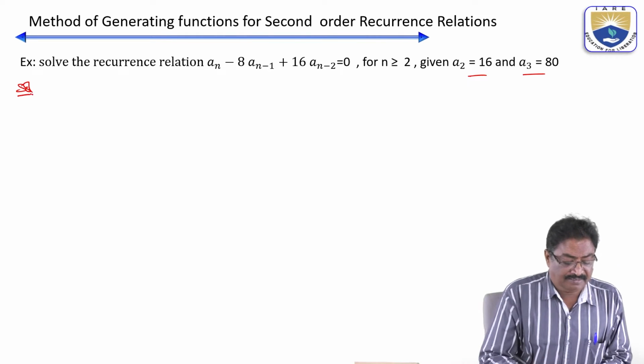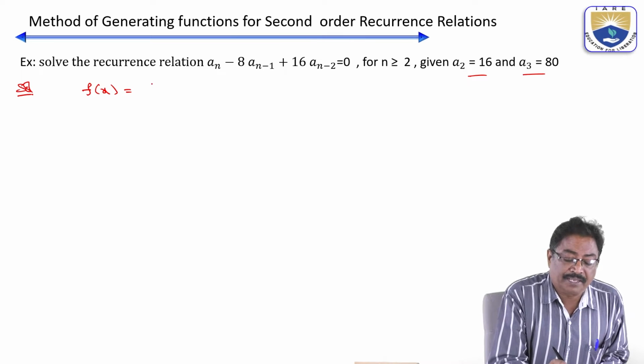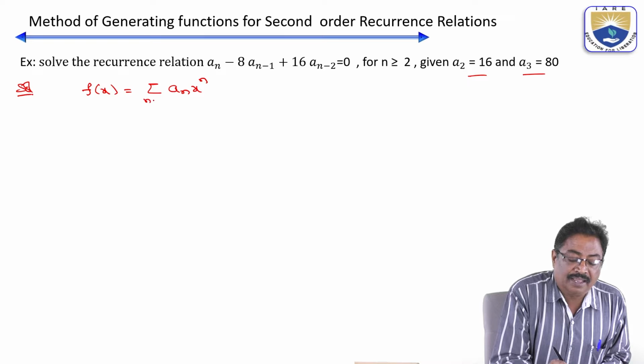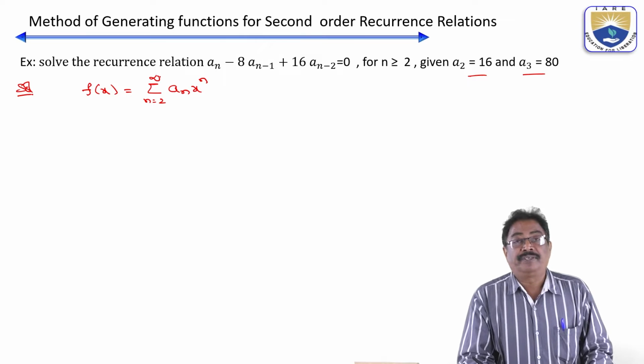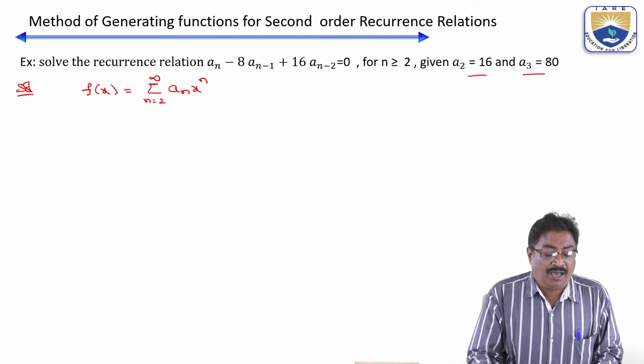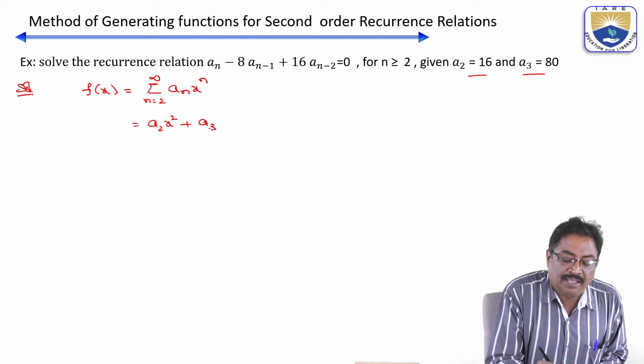So let me take f of x, the generating function, as the summation of a n x power n, n equals 2 to infinity. Now if I write it out, it is a2 x square, n equals 3, a3 x cubed, and of course n equals 4 to infinity.